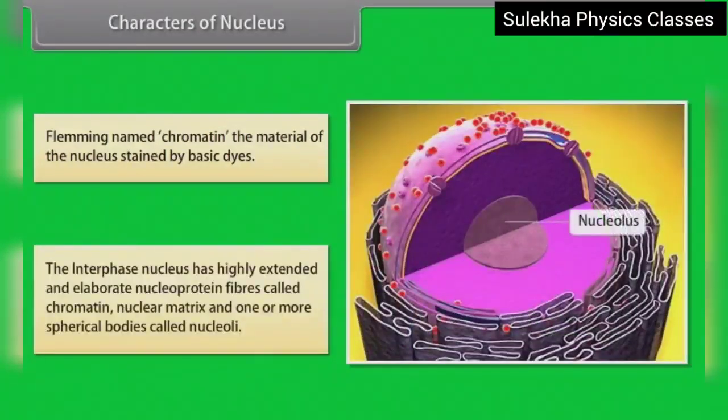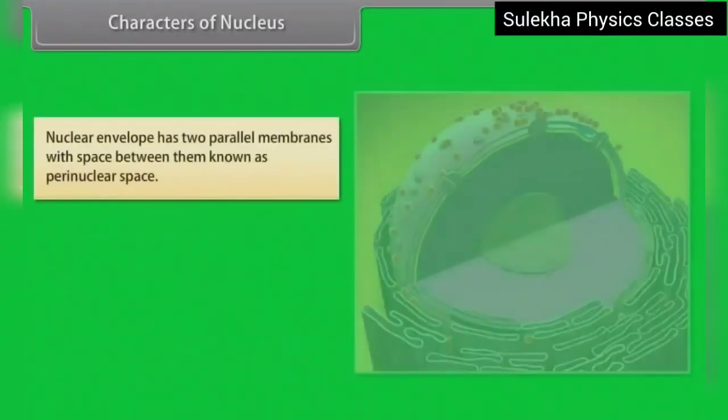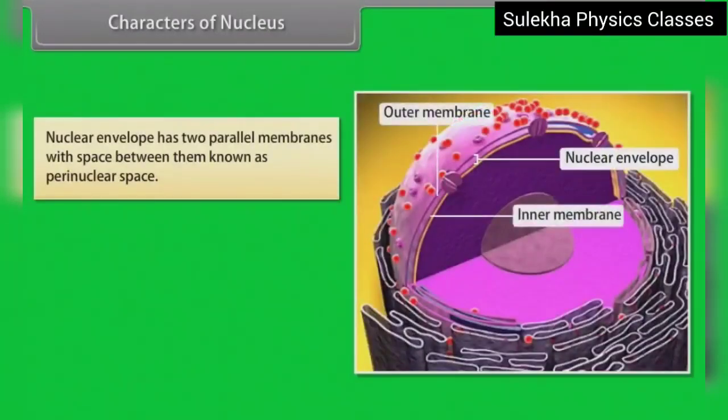The interphase nucleus has highly extended and elaborate nucleoprotein fibers called chromatin, nuclear matrix, and one or more spherical bodies called nucleoli. Nuclear envelope has 2 parallel membranes with space between them known as perinuclear space.